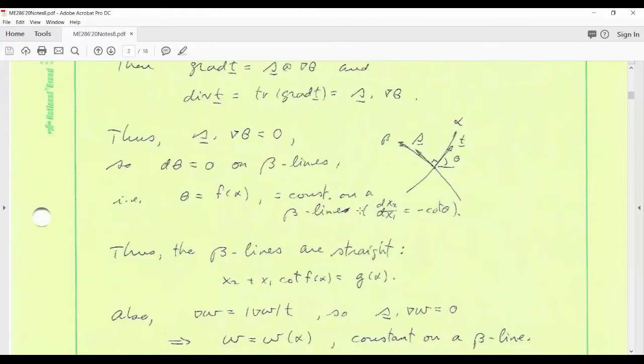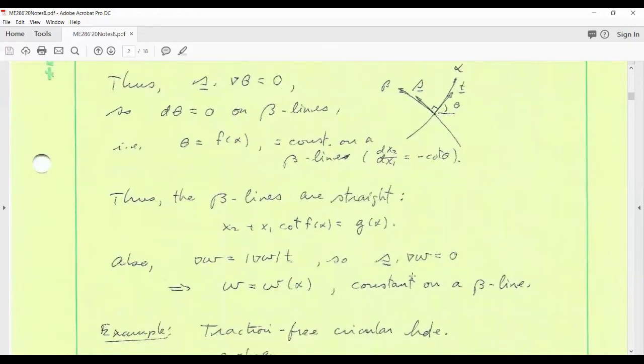So the beta lines then are straight. This is at constant beta. This is now a function of alpha. We can integrate that and we get this equation. Okay, so you have a one parameter family of straight lines parameterized by the value of alpha.